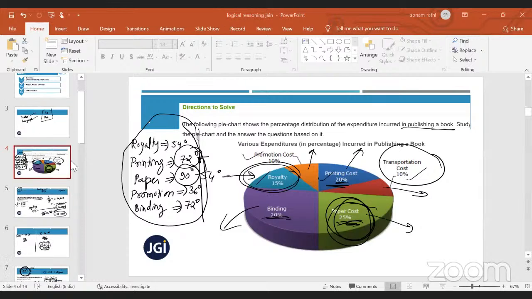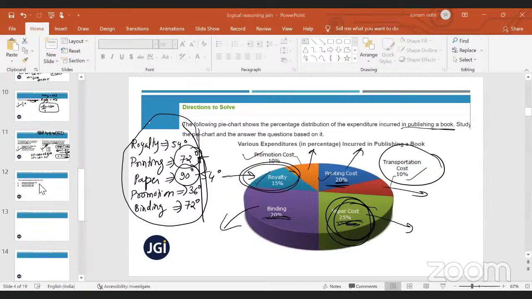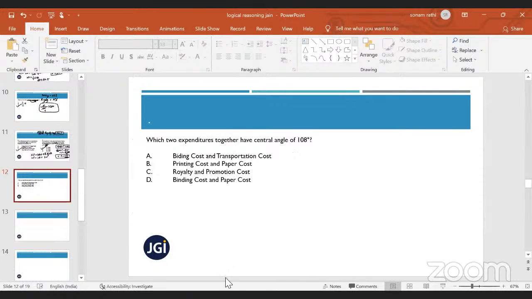Total should be how much? 108. See which two total together 108.